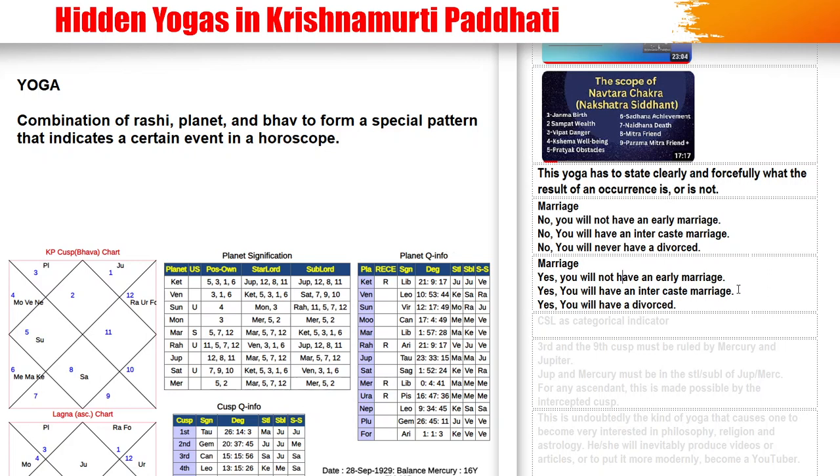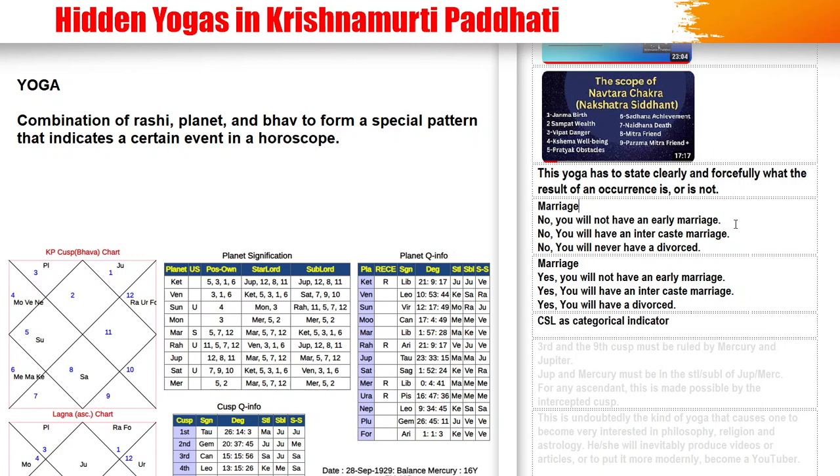And now in Krishnamurti Paddhati, this particular role of giving a yes or no, black and white, categorical kind of answer has been given to the Cusp Sub Lord.